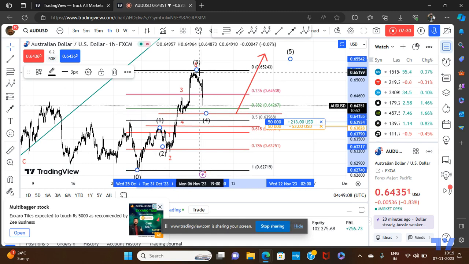And the retracement level for the fourth wave should be this much, 38%. That is the ideal. It can even go to 50% to 61%. But since this wave is up, I want this to stop here.